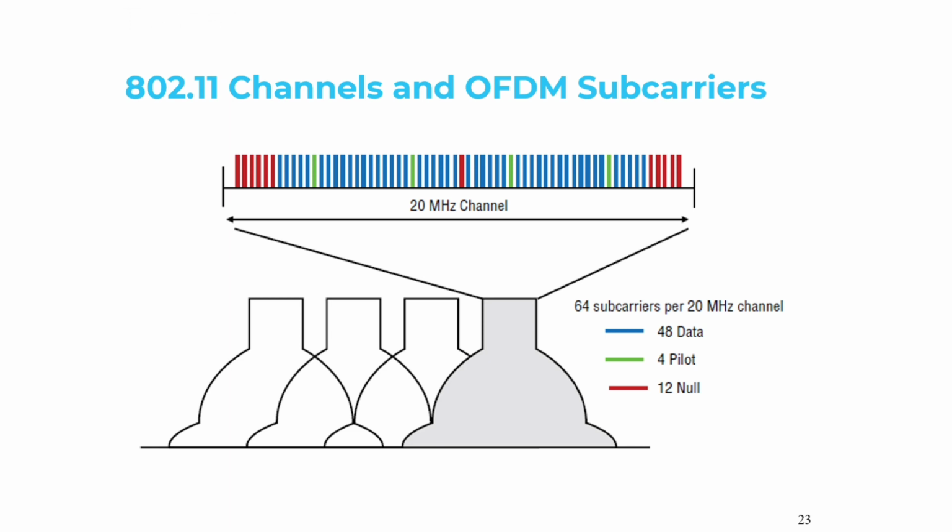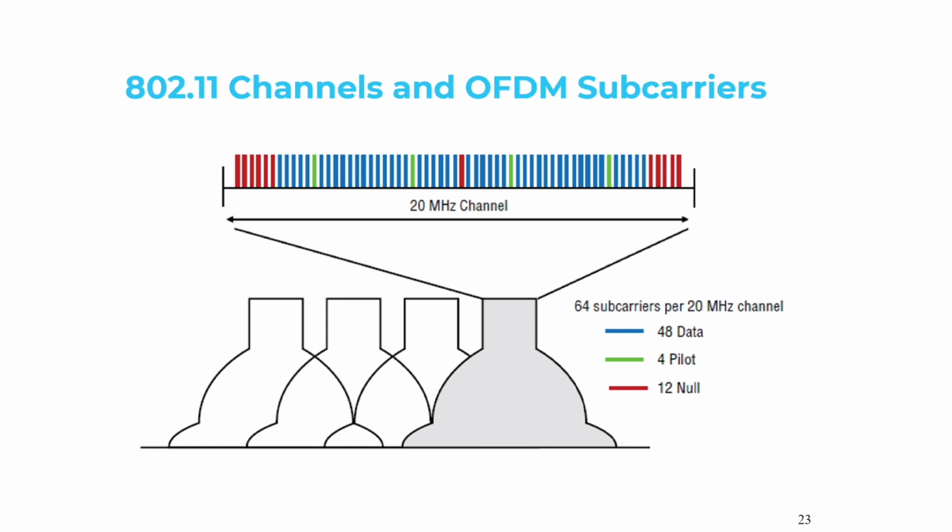12 of the 64 subcarriers in a 20 MHz OFDM channel are not used and serve as guard bands. Guard bands are unused parts of the radio spectrum between the radio bands. Again, if you look at this diagram carefully, we have some guard bands to make sure that we have some kind of markings, the lanes, and then you have the pilots, which help us sync up with the actual transmitter.